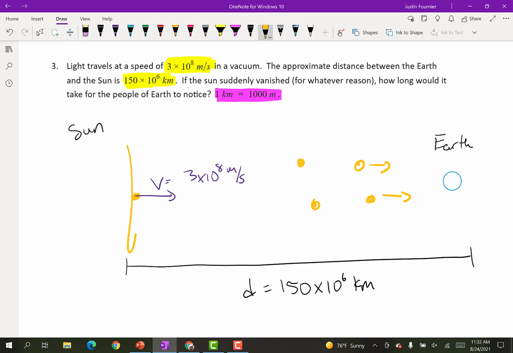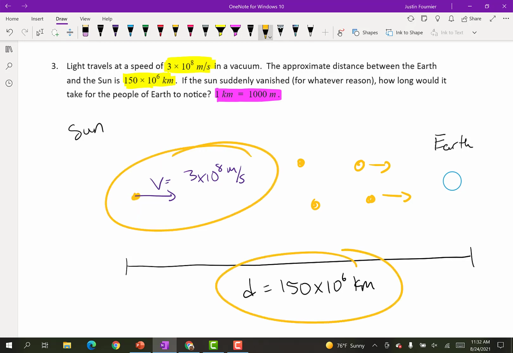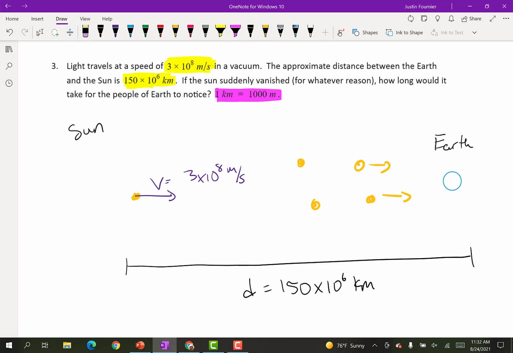It's going to take the last photon, the last chunk of light that hits, however long it would take for light traveling at this speed to go this distance. It would take that duration of time before the Earth doesn't detect the sun anymore. So let's go ahead and bring the sun back. There we go. So that's kind of what's going to happen.